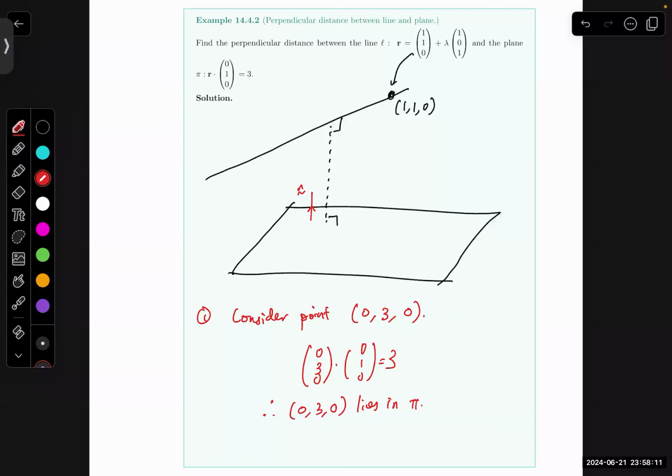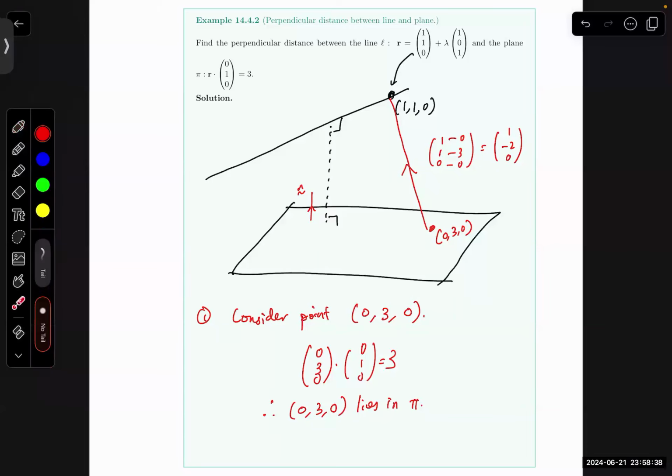Now where is 0, 3, 0? I don't care, just draw a dot here. I can join these two points with a vector. This vector is going to be 1, 1, 0 minus 0, 3, 0, so this is 1, -2, 0.